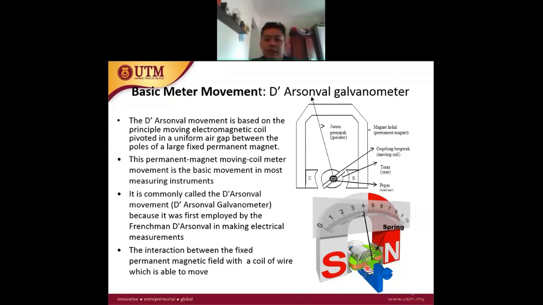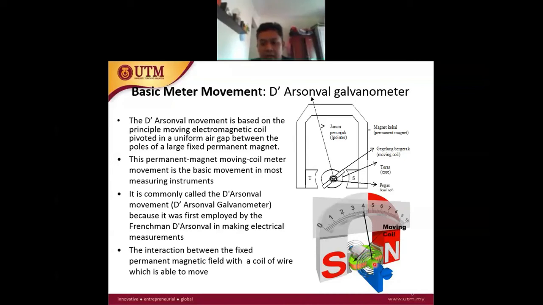As you can see in the green color, it's like a core, and the pink color in the middle is the wire wound on the core. It's like a casing.